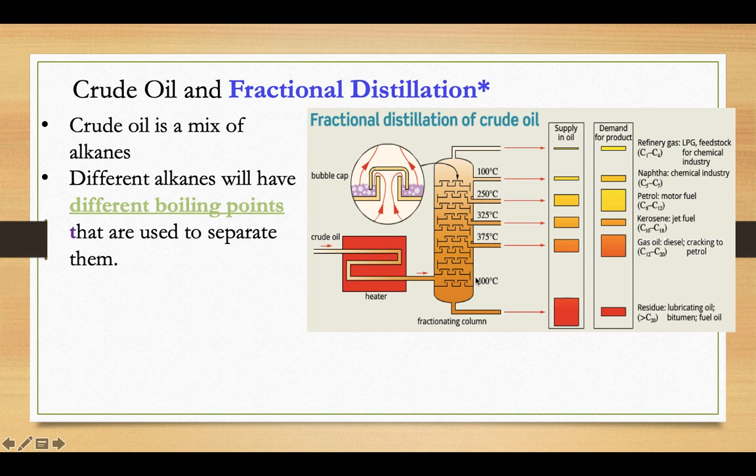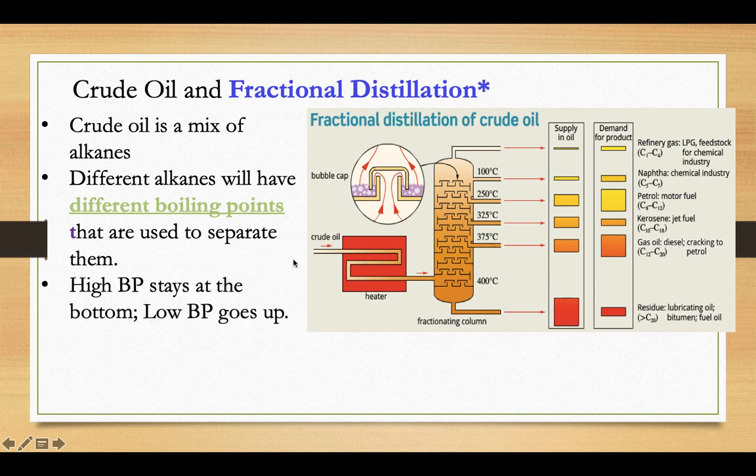So larger molecules will turn into gaseous state only at the bottom, and therefore are separated there. Smaller molecules will remain gaseous all the way until they get to the top, because they have lower boiling points, and then they can be separated at the top.